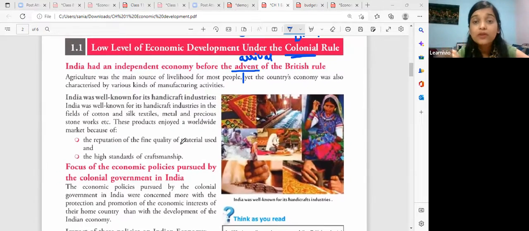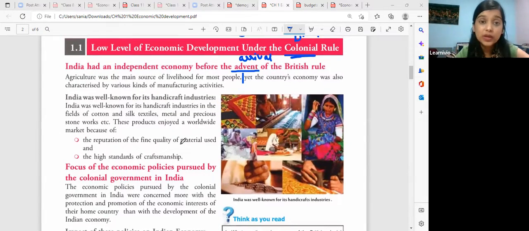For example, you are also producing clothes, I am also producing clothes, but your clothes are in high demand, but my clothes are not. Why? Because the quality of your clothes is very good. So people will purchase your quality. So the reputation of the fine quality of material used.